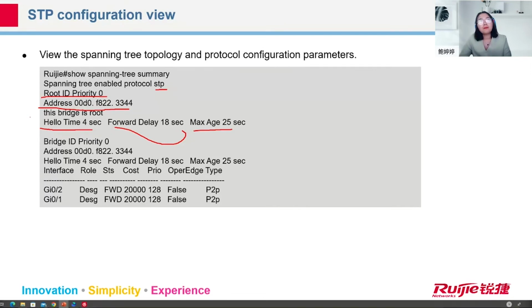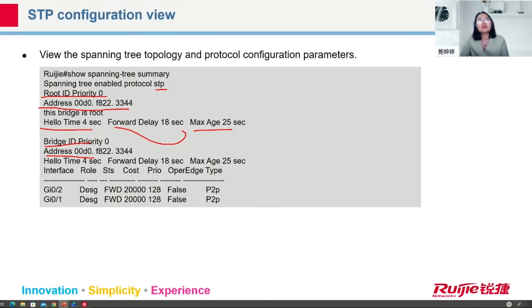So the first part, the root ID and the MAC address, is the root bridge. And the next part, the bridge ID and the MAC address, is this switch's information. But here, these two MAC addresses are the same because this switch is the root bridge. If this switch is not the root bridge, maybe the MAC addresses will be different. Okay, and these times are also the same: the hello time, the forward delay, and the max age.